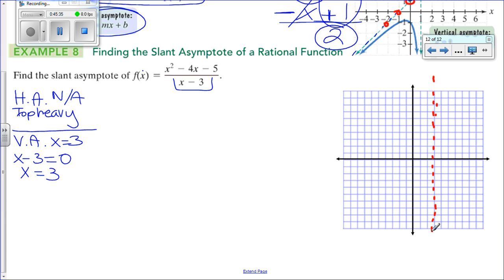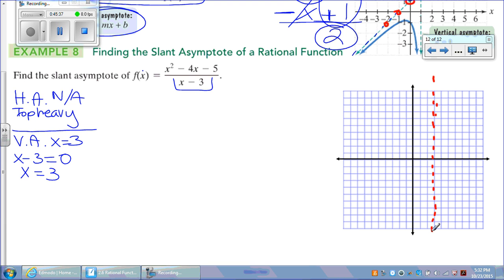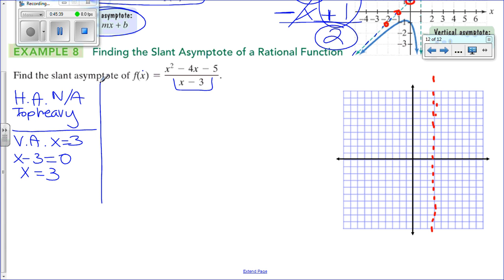Now to find the slant asymptote, we have to divide. Now the denominator is equal to x minus 3. So what I could do here is I can use synthetic division. But if I do that, I need to change the number. Instead of a -3, it needs to be a positive 3.